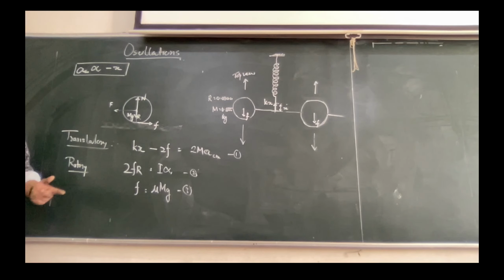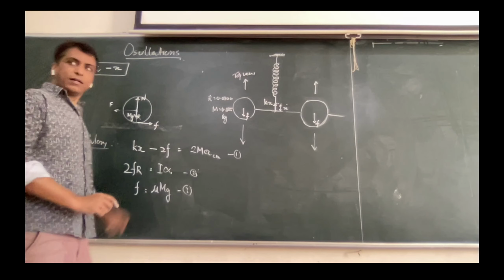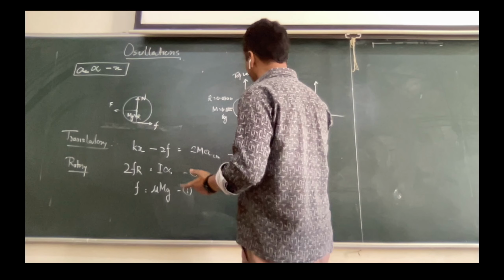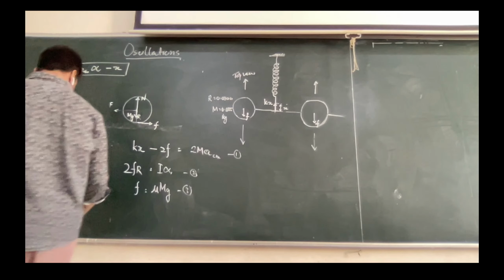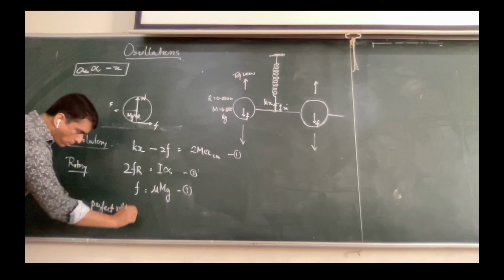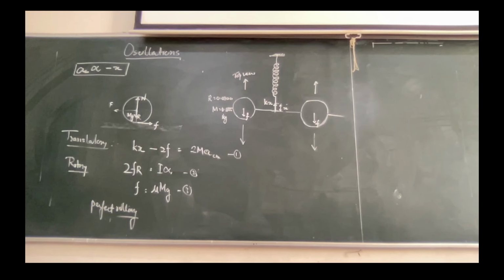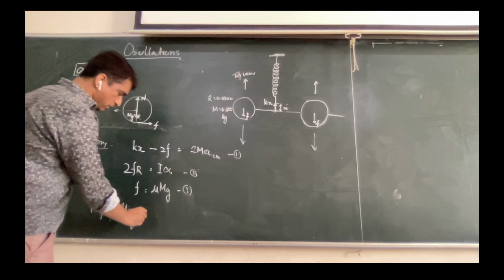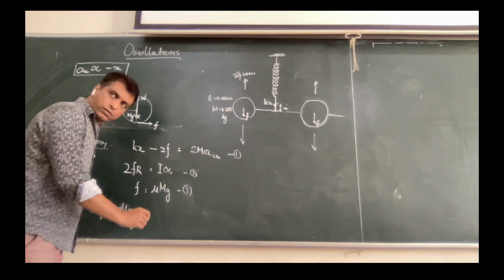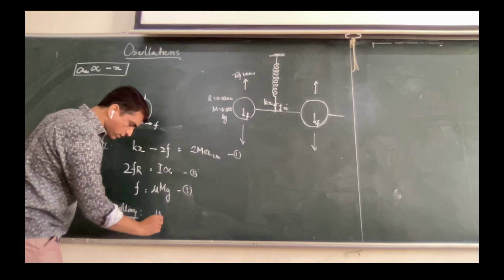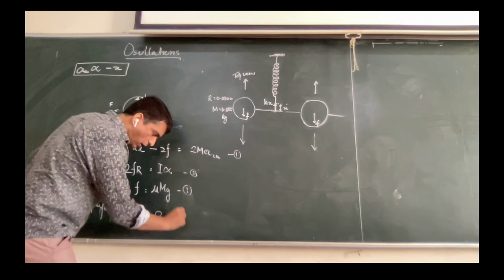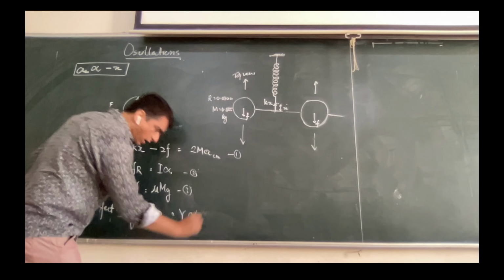The third equation that we need comes from the fact that this is a perfect rolling. Okay, what happens in perfect rolling? For perfect rolling to happen, you have, no, sorry, linear acceleration A has to be equal to R into alpha, tangential acceleration.